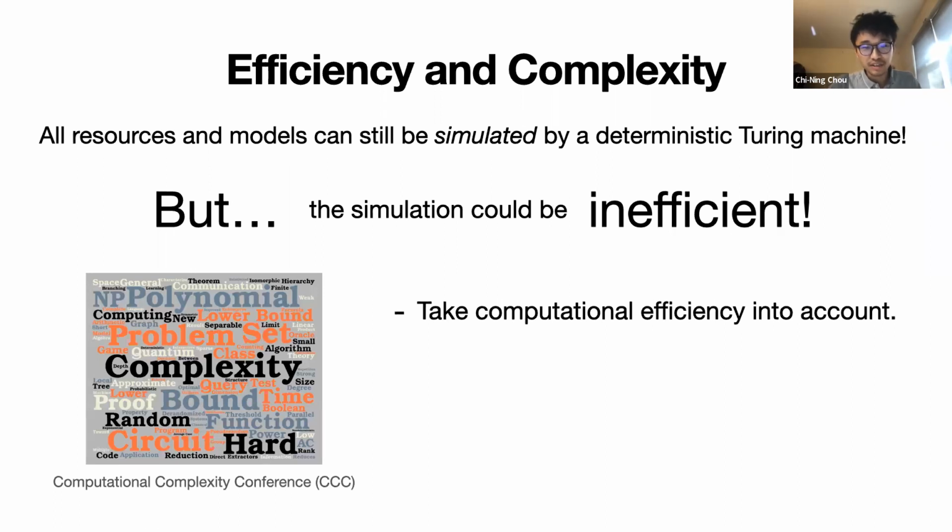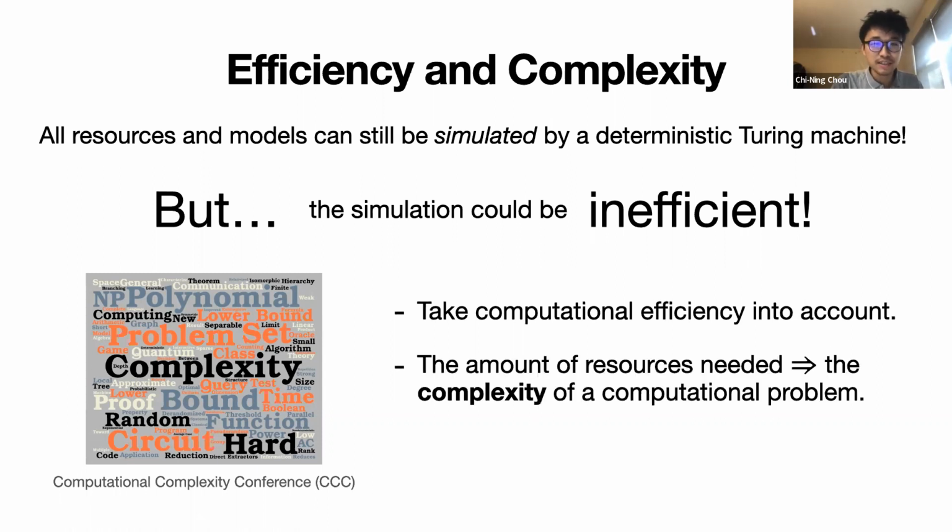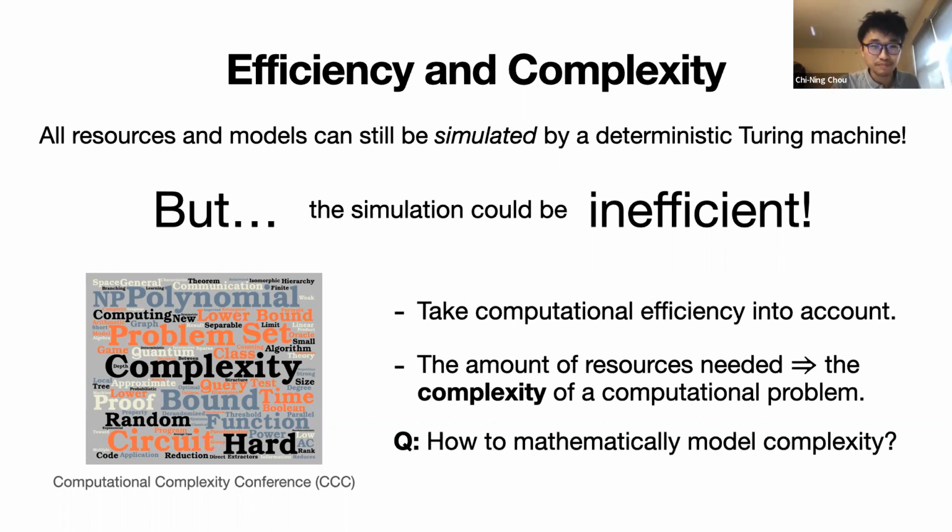This is actually the home field of myself and the guest speaker, Li Jichen. And this is our favorite conference, the Computational Complexity Conference. So a starting point is to take computational efficiency into account. We want to study the amount of resource needed because, as promised before, all of them can be quantified. We use this amount of resource to capture the complexity of a computational problem.